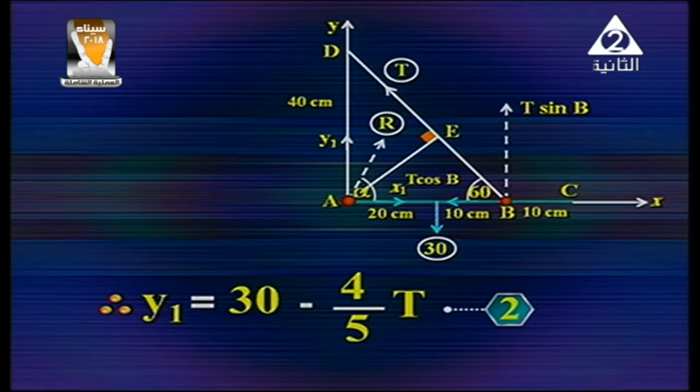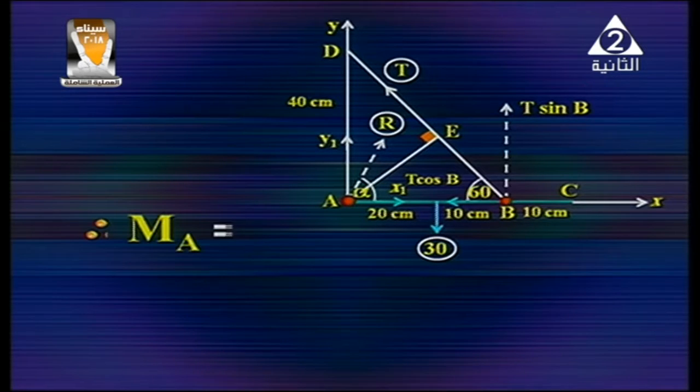Therefore, by substitution, we deduce that Y1 equals 30 minus 4 over 5 T. This is equation 2. We have two equations. The first equation has unknowns X1 and T. The second equation has unknowns Y1 and T. We need a third equation.